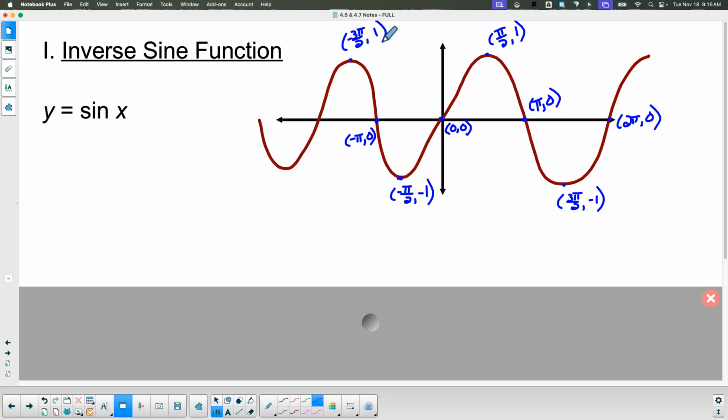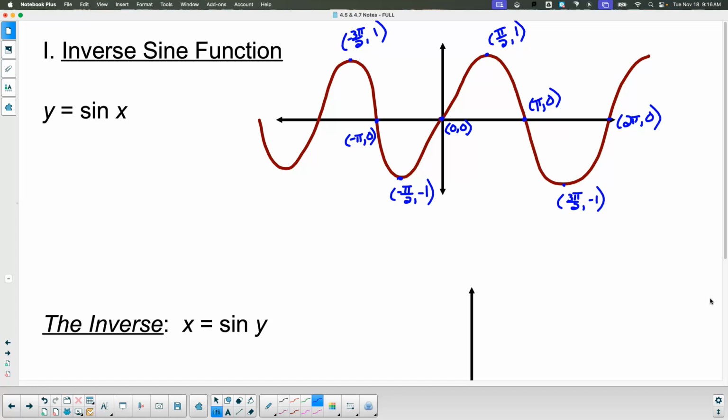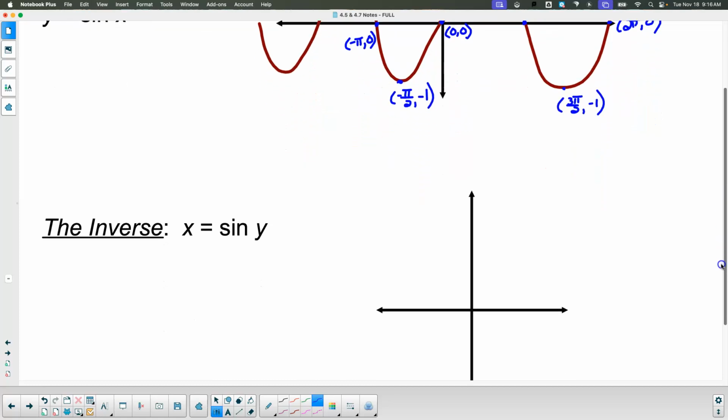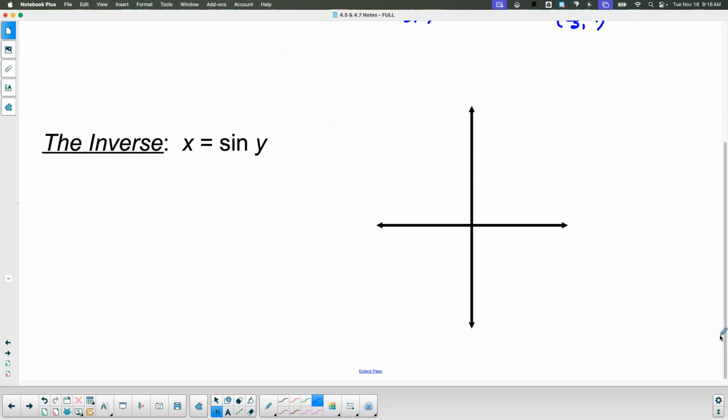To find the inverse, we switch the x and the y, which means we switch the domain and the range, which also means then we do what with our points? We switch the x and the y in our points too, right? So if I am graphing the inverse function of sine, sine goes through 0, 0.